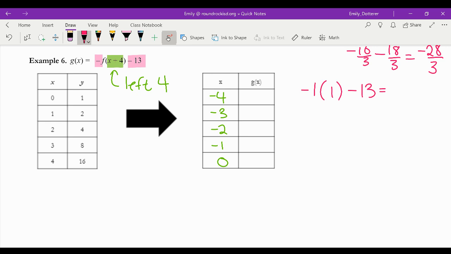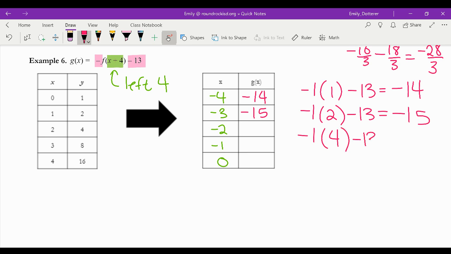Negative 1 times 1 is negative 1, minus 13 is negative 14. Negative 1 times 2 is negative 2, minus 13 is negative 15. Negative 1 times 4 is negative 4, minus 13 is negative 17.